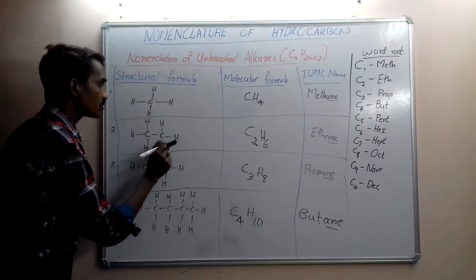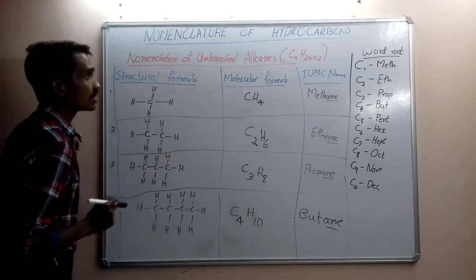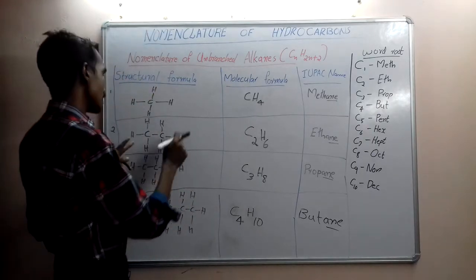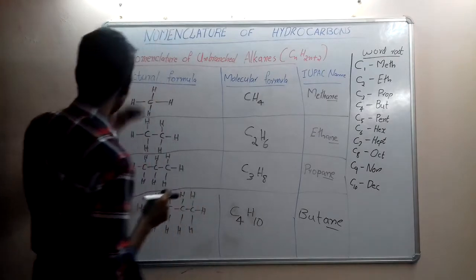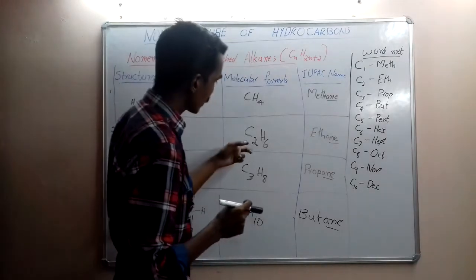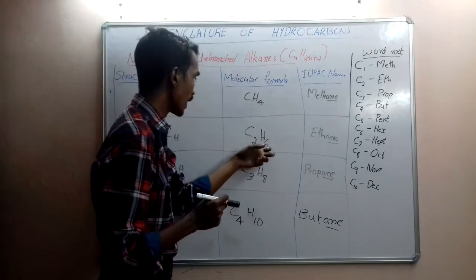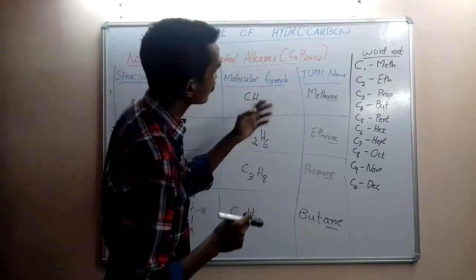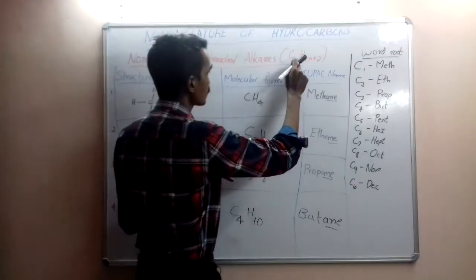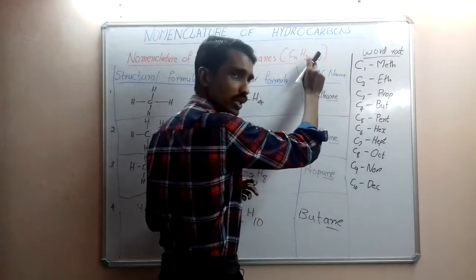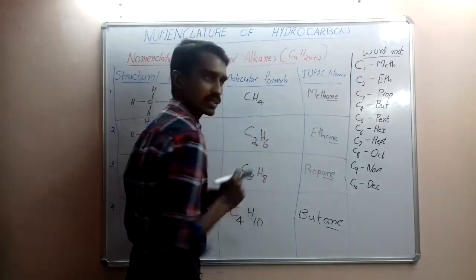Okay, next is 2 carbon. So 1 2 3 4 5 6 hydrogen. Okay, so this is the structural formula, and it will be written here as molecular formula C2H6. So in the case of general formula, n is 2, 2 into 2 is 4 plus 2 is equal to 6.